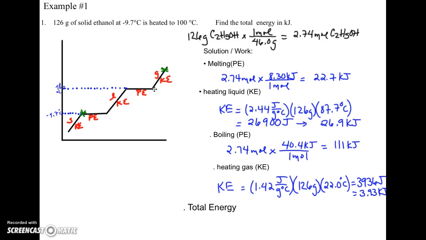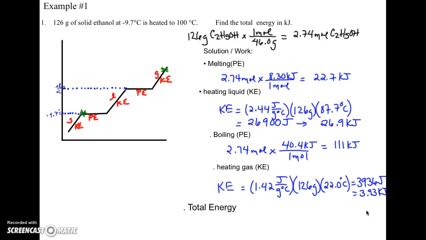Well, 78 from 100 is 22 degrees C, so that is the delta T, which comes out to be 3,936 joules, which turns out to be 3.93 kilojoules.